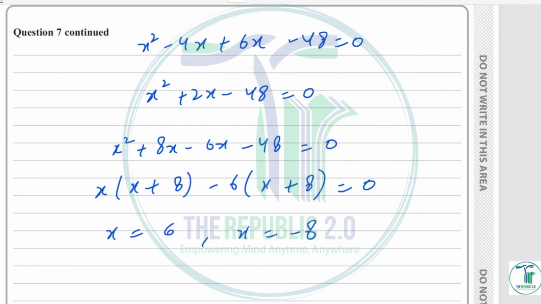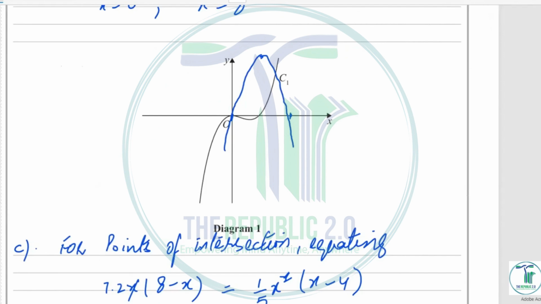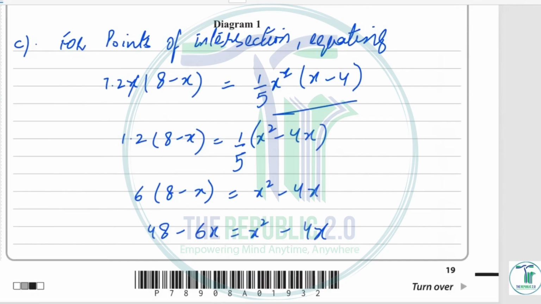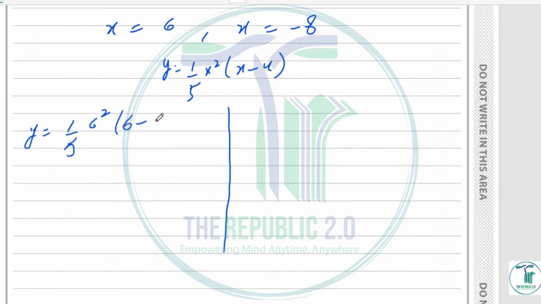That is how we're going to find these x coordinates. Once you've got these x coordinates, you can plug them into any one of these equations. I'll probably use this one, right? Since y equals 1/5 x squared times (x minus 4), I'm going to plug both of these values into this equation. So y equals 1/5 times 6 squared times (6 minus 4).